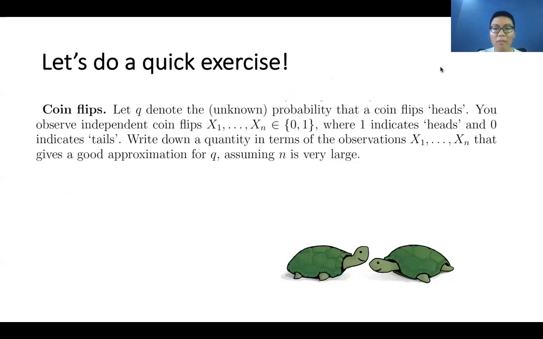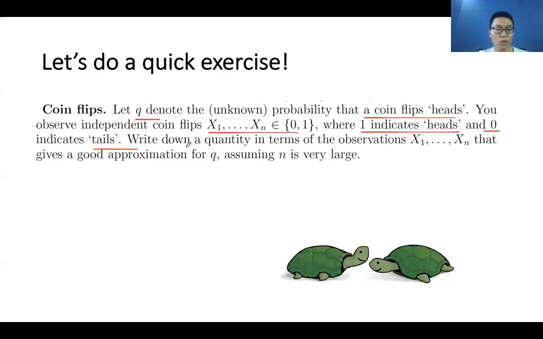Okay, so let me do a very quick exercise. I think it's very simple because I just went over this example. That is coin flips, right? Let Q denote the probability that the coin flips to be the head, and you observe that X is either 0 or 1, where 1 means head and 0 means tail.